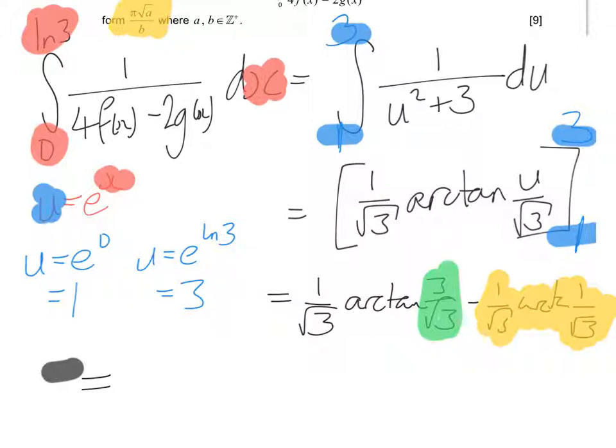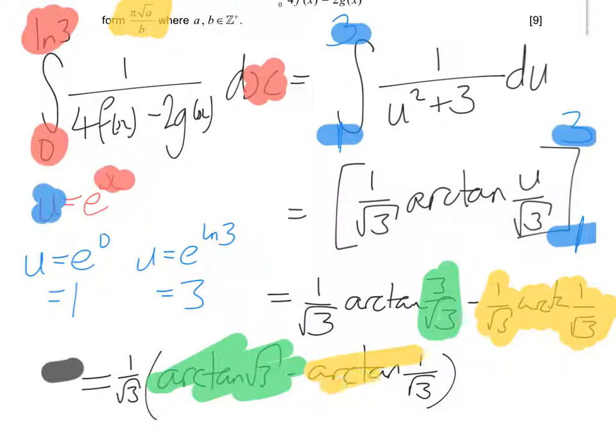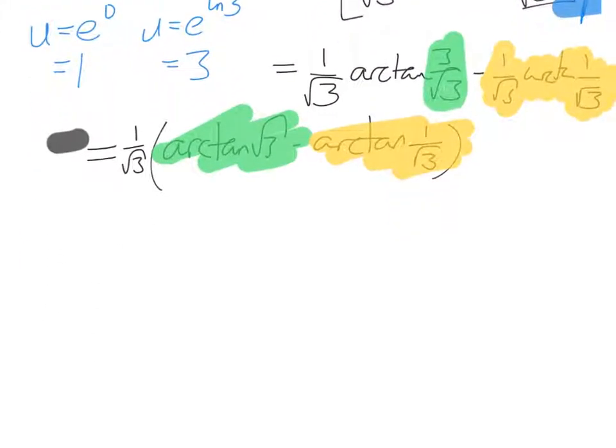So this is the same as 1 over root 3 times arctan root 3 minus arctan 1 over root 3. And now both of those things we know. Arctan root 3 is pi by 3. Arctan 1 over root 3 is pi by 6.